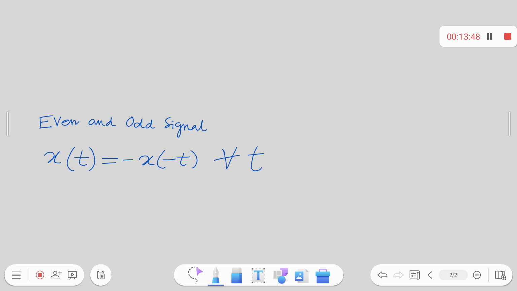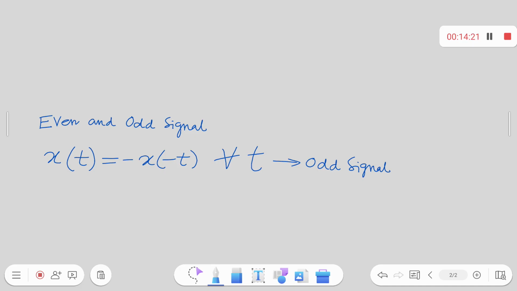Then we call this signal an odd signal. Last week we discussed what is meant by x of minus t. That means we just go for time reflection, taking the mirror image along the t equal to 0 axis. Now if x of t is equal to minus of x of minus t, then the signal is an odd signal.